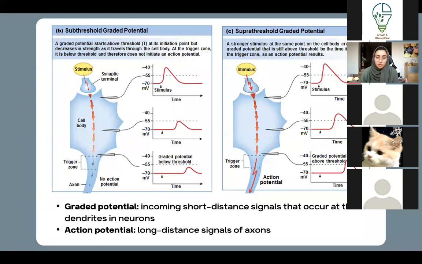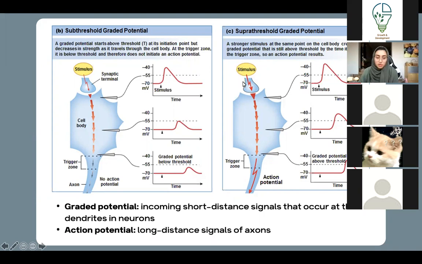But if you scream something across the room, it's stronger. So let's say you're whispering. By the time it gets across the cell or across the room, it's going to be really weak, so it's not strong enough to trigger an action potential. It does not get past the threshold at the axon hillock.